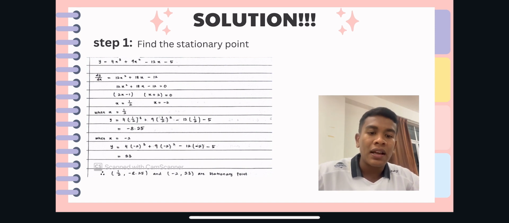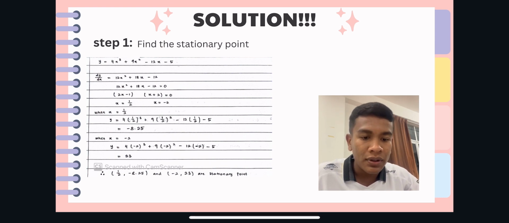After that, substitute x equals 1/2 and we get y equals 4 times (1/2) cubed plus 9 times (1/2) squared minus 12 times 1/2 minus 5, and we get the answer negative 8.25.